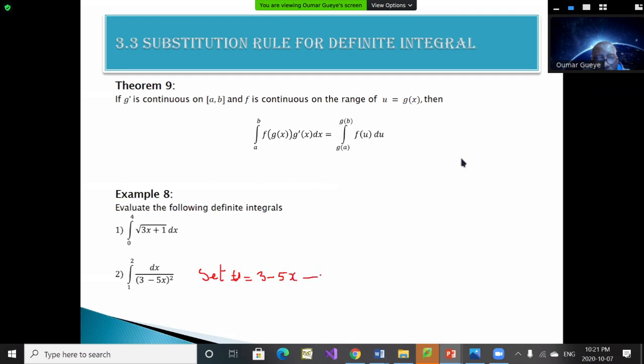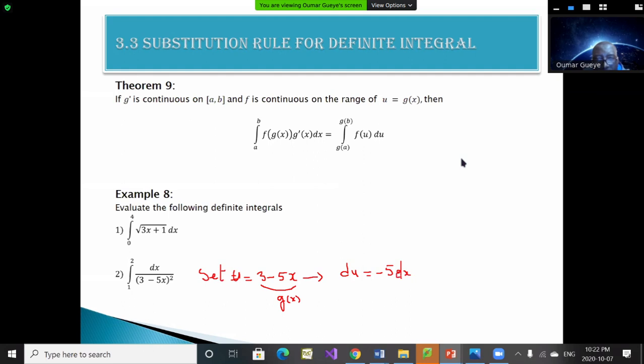In this case, your du is going to be minus 5 dx. You differentiate this part, this is your g(x). When you differentiate it, it's minus 5, and you multiply by dx.